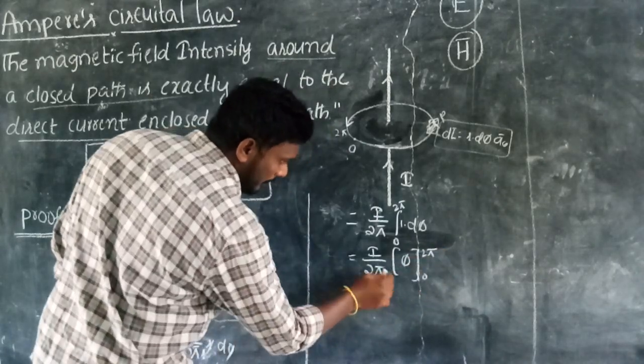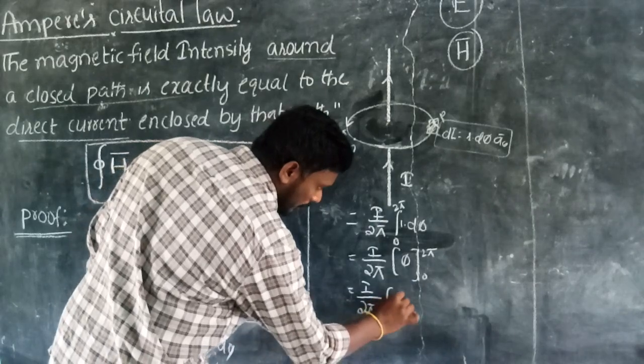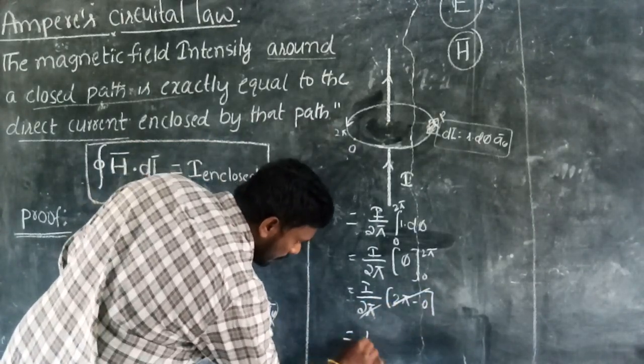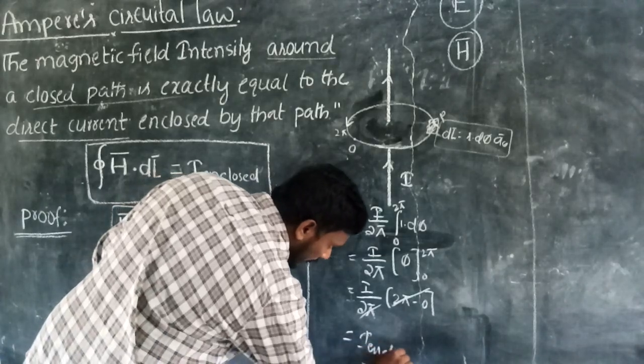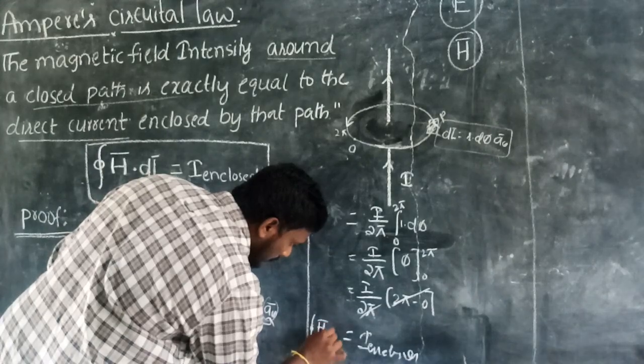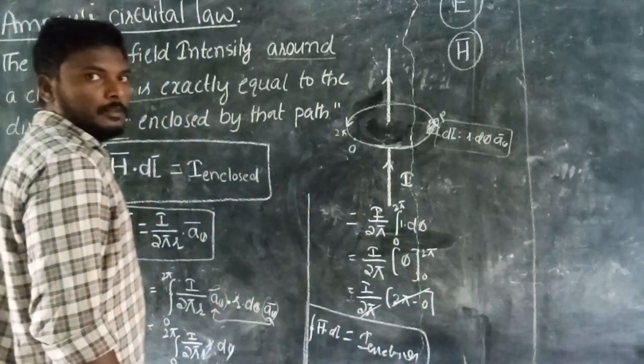If you substitute the upper limit and lower limit, you will get I by 2 pi into 2 pi minus 0. The 2 pi cancels and it is equal to I enclosed. Hence proved: the circular integration of H bar dot dl bar equals I enclosed. This is the proof of Ampere circuit law. Thank you.